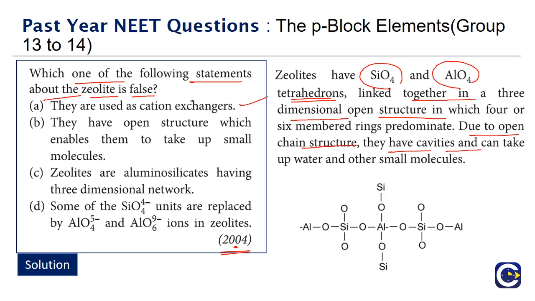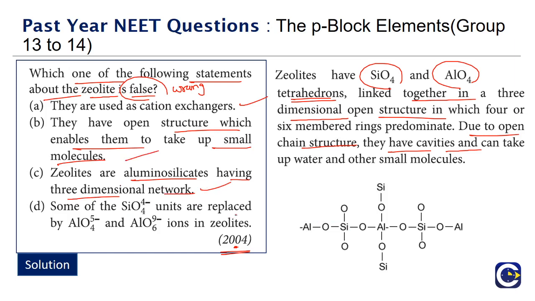That is correct, and we are looking for the false statement about the zeolites. They have open structure which enables them to take up small molecules. That is correct, and that is what enables the zeolites to act as a cation exchange resin. Option C says that zeolites are aluminosilicates having three-dimensional network. Yes, that is correct.